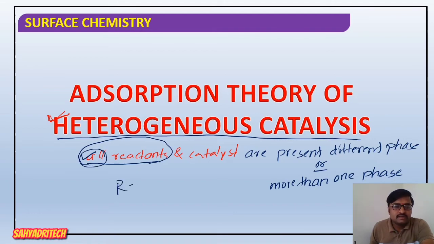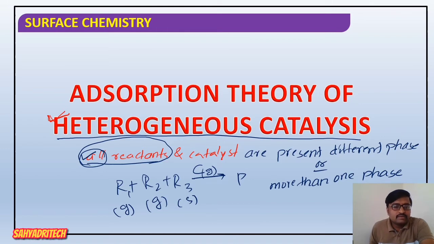Say there are reactants R1, R2, R3, and a catalyst C. R1 is gaseous, R2 is gaseous, R3 is in solid state, and the catalyst is gaseous. R1 and R2 are gaseous, the catalyst is gaseous, but R3 is solid. Can I say it is homogeneous or heterogeneous? Yes, it is heterogeneous.